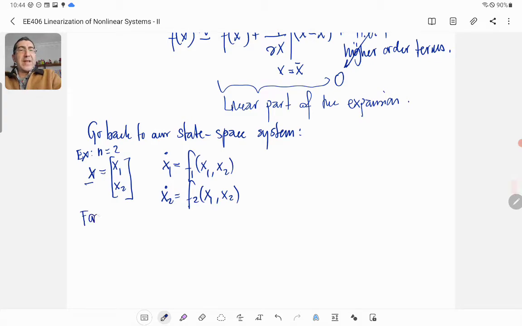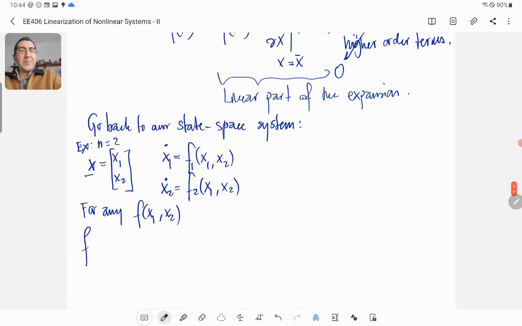So for any f of x1, x2, including f1, f2, up to fn, the Taylor series expansion becomes like this. f of x1, x2 becomes f at x1 bar, x2 bar.